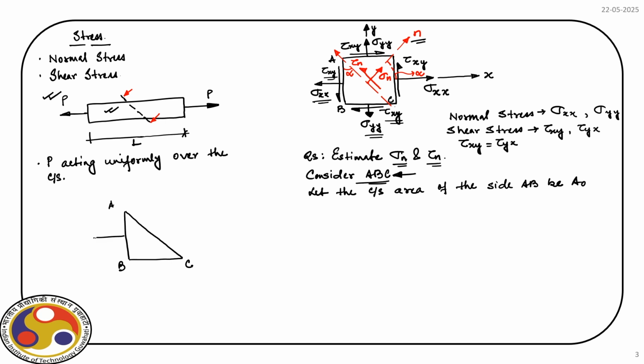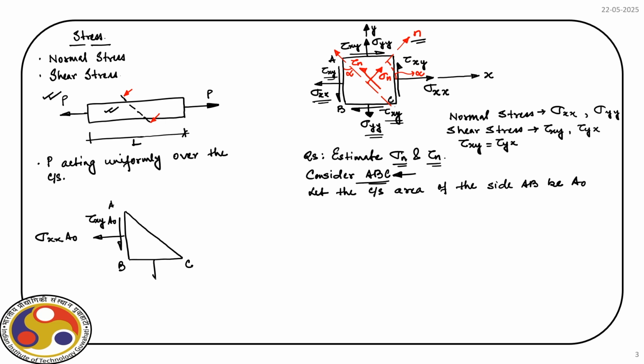So, on this face we have the first force component is sigma xx times A naught. Then shear force acting. So, this is tau xy times A naught.